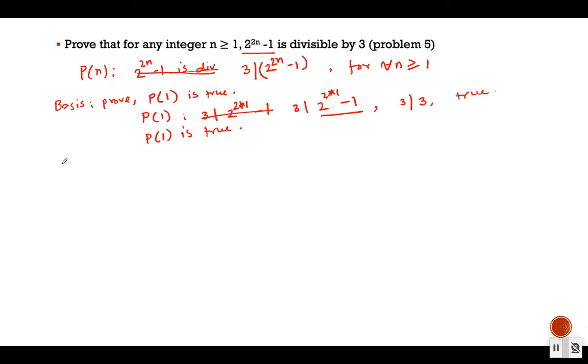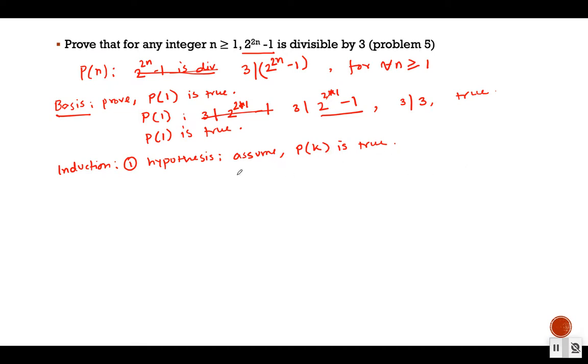Now our induction step. First we are going to have the hypothesis that we are going to assume that P(k) is true. What does that mean?